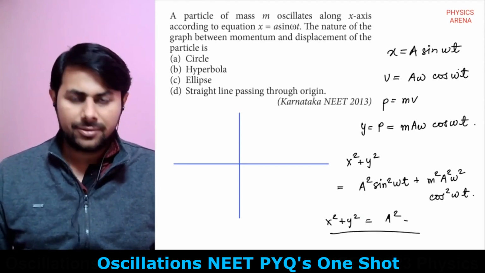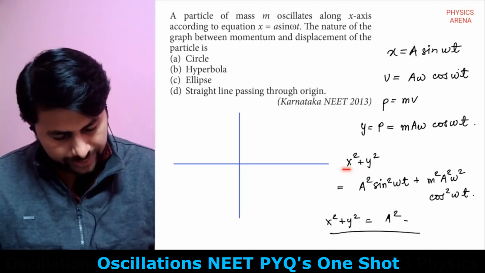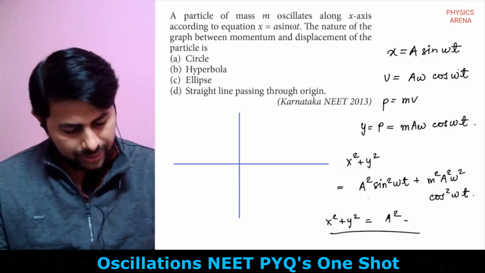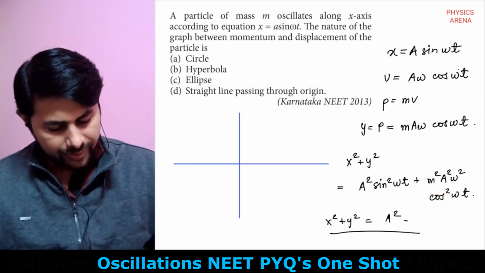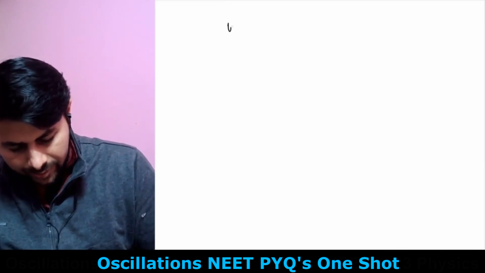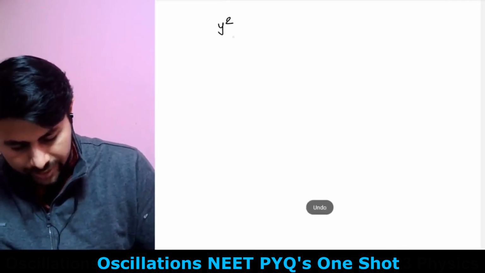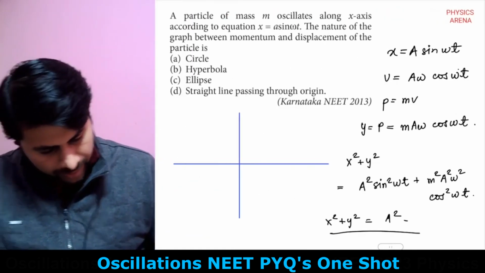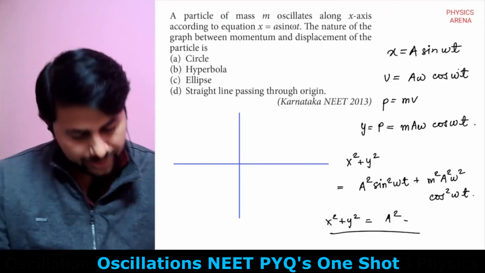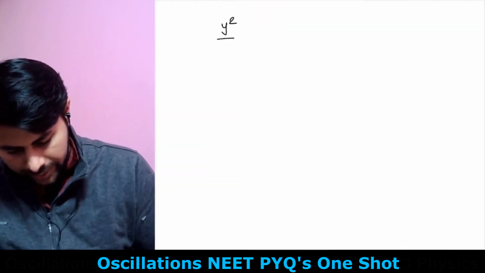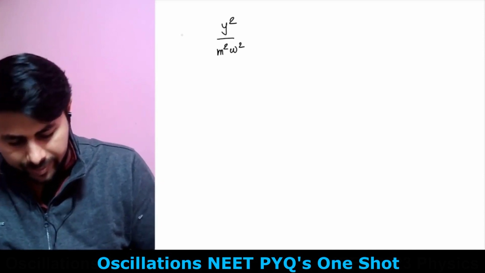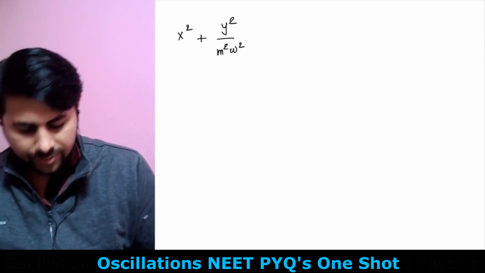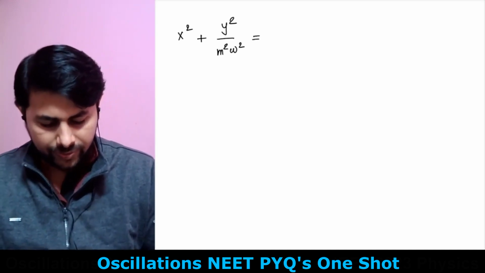So what will be the answer? x square plus y square is this thing. Now see, if I divide y square by m square omega square, and then if I add them, so x square plus y square upon m square omega square. What do I get?